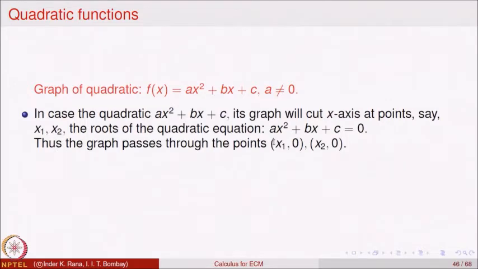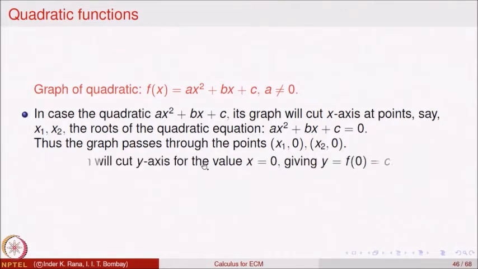So, first of all, this is a quadratic. At the most it can have two roots, right. So, x1, x2 are possibly the roots. It may not have any real root, it may have two distinct real roots, or it may have only one real root, where both the roots coincide.